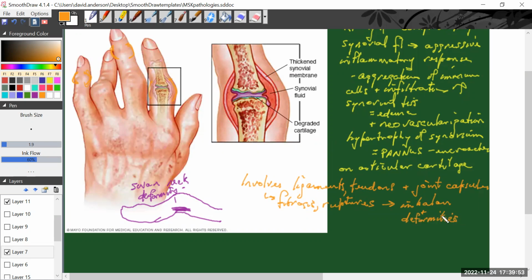So muscle tissue on one side will atrophy, on the other side it can hypertrophy. You get what are called subluxations, which are partial dislocations. You get contractures. That's what we're showing here. We've got a shortened tendon that's creating flexion at the proximal joint. That's a contracture, and then these deformities.